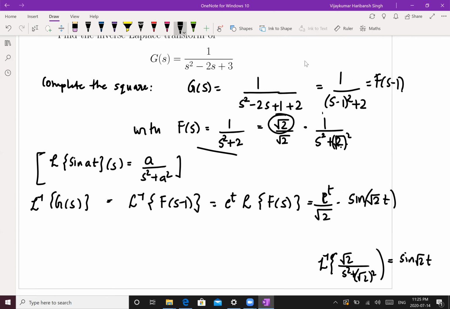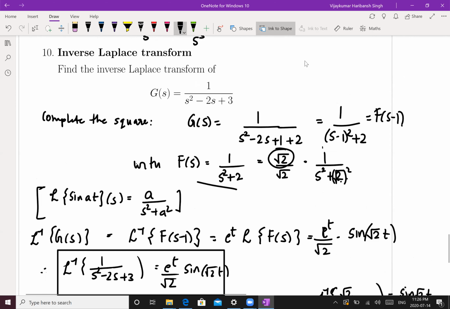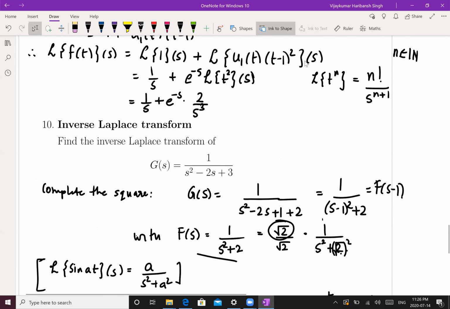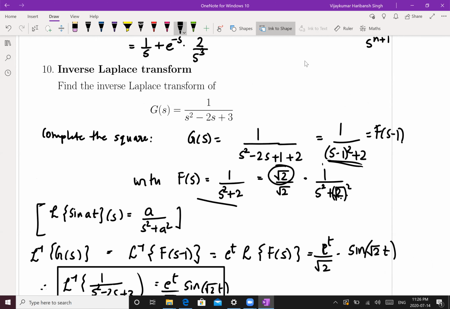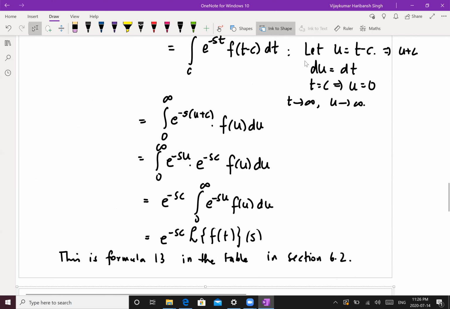Therefore the Laplace inverse of 1 upon s squared minus 2s plus 3 is e to the power t by root 2 times sine of root 2 t. So that solves the problem. Here we used the formula for s minus 1 squared. Okay, all right, thank you for your attention.